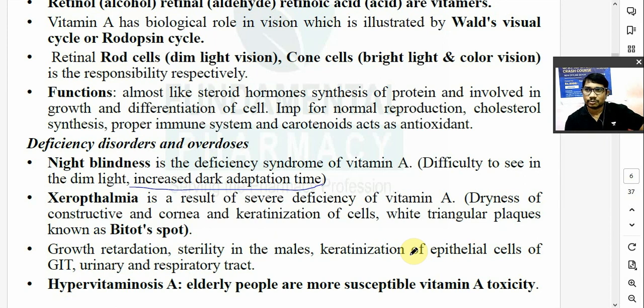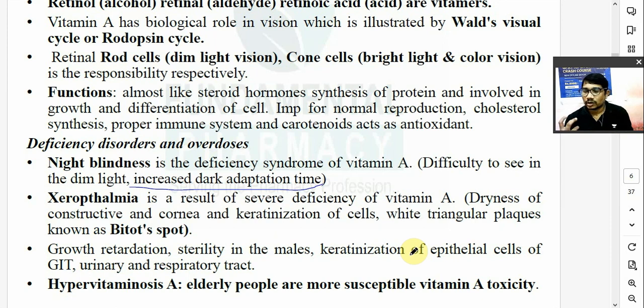So for a few seconds you get blind, and your eyes need to be adjusted. There should be synthesis of rhodopsin in the rod cells, and it takes time. That is the time gap to adjust between bright light and dim light.